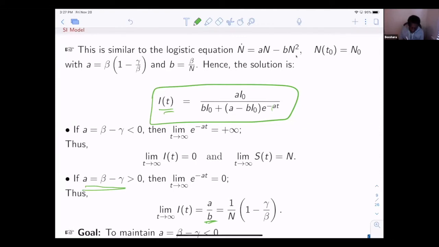This will be equal to infinity, and the whole thing will be just 0. So if the limit of I is equal to 0, then the limit of S is equal to 1. That means the infection will die out from the population, and everyone will get healthy again.